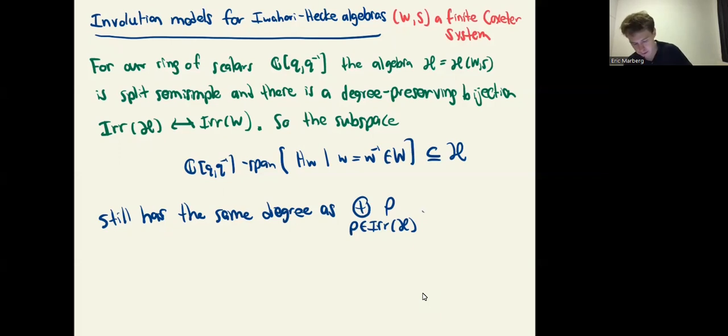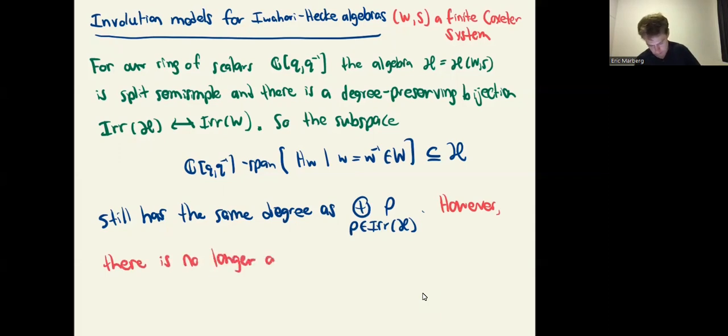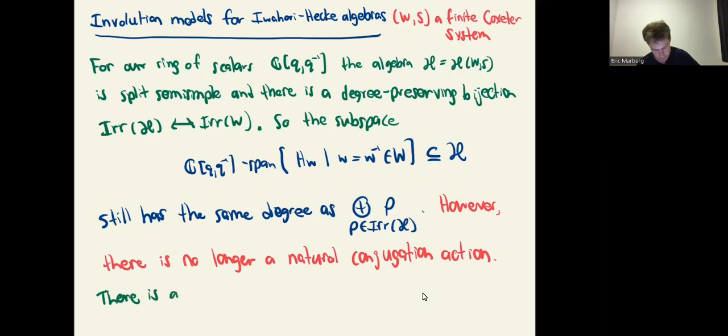The problem, though, is that there is no longer a natural version of the conjugation representation. Nevertheless, there is almost such an action when W is the symmetric group, in the following sense.